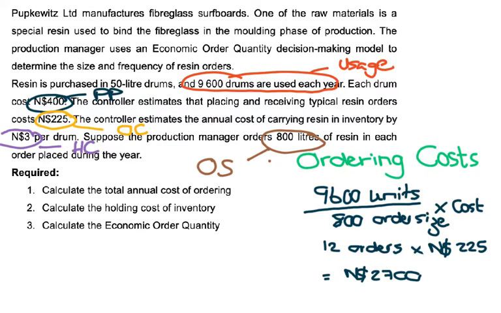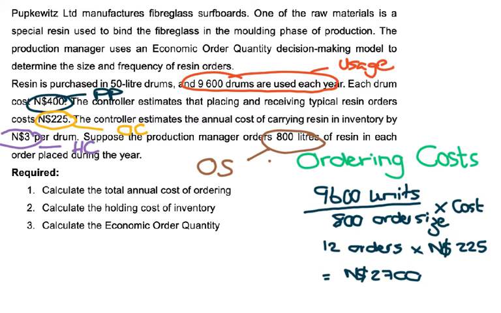So above the line, I will have my total usage or my demand, and then I will divide that by my order size. Why do I divide it by my order size? Because we have an order cost, and that cost is per order.